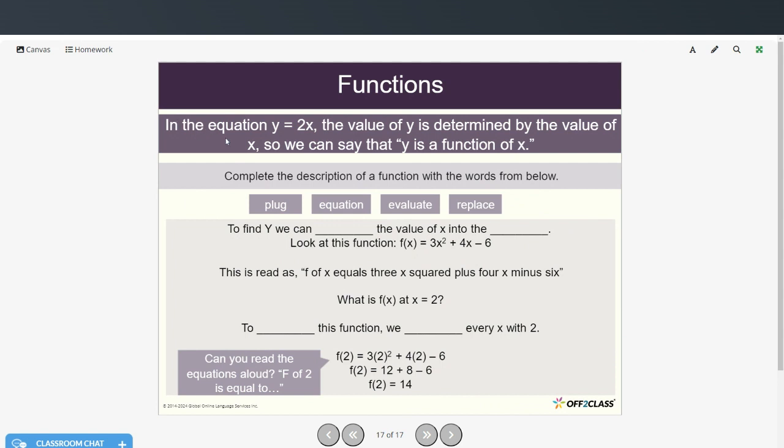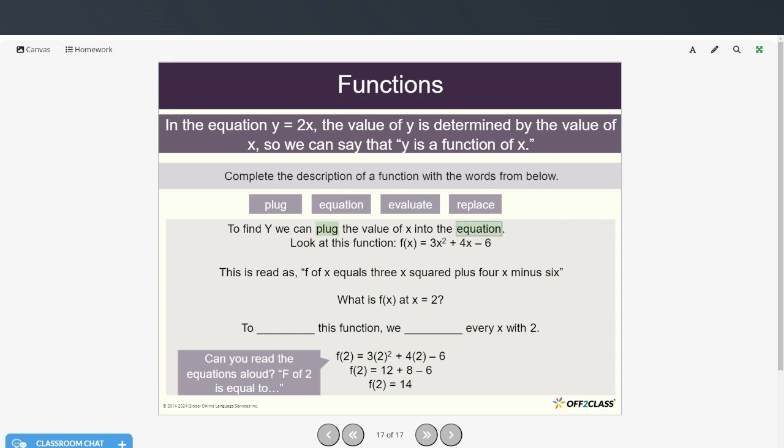Okay, functions. In the equation y equals 2x, the value of y is determined by the value of x, so that we can say that y is a function of x. So complete the description of a function with the words from below. So to find y, we can plug the value of x into the equation.